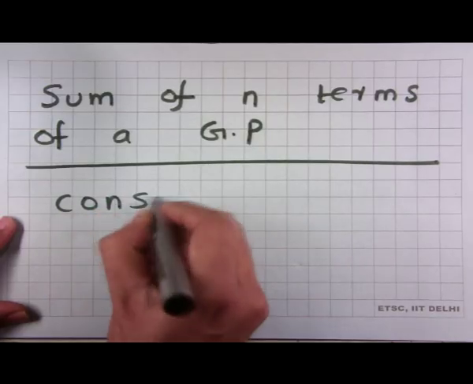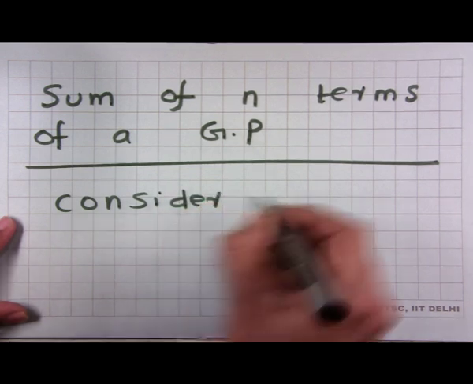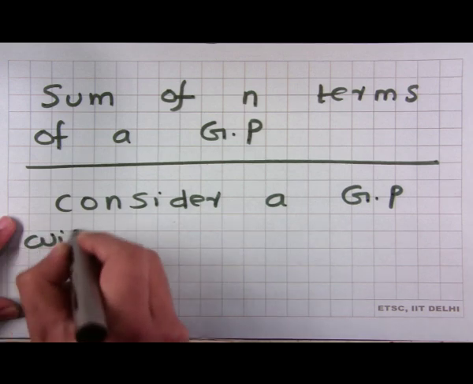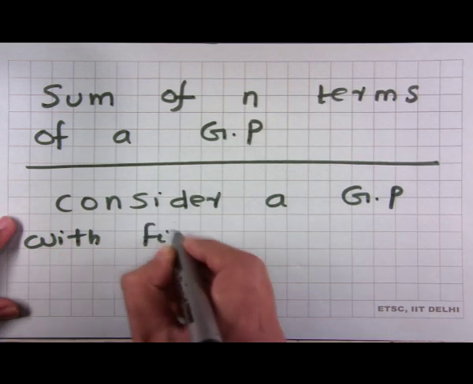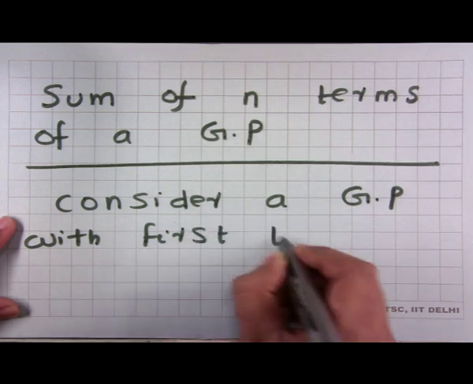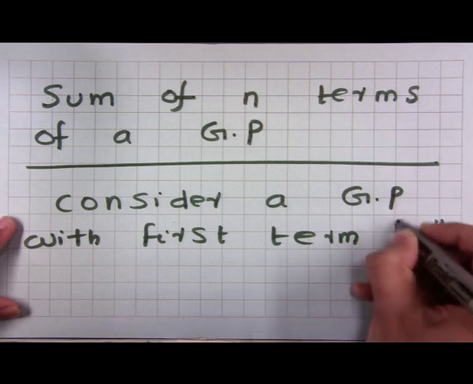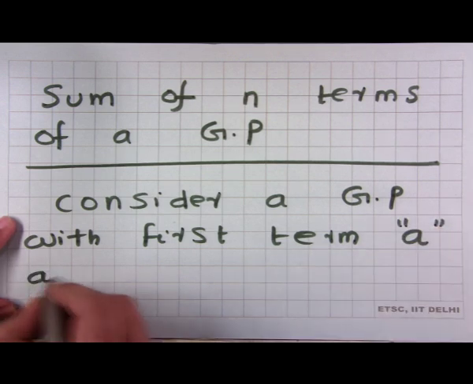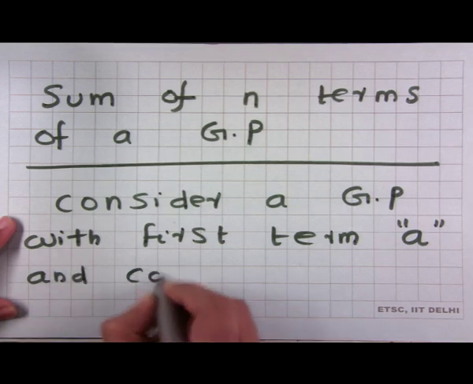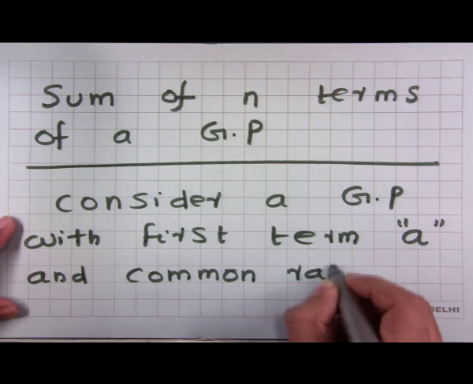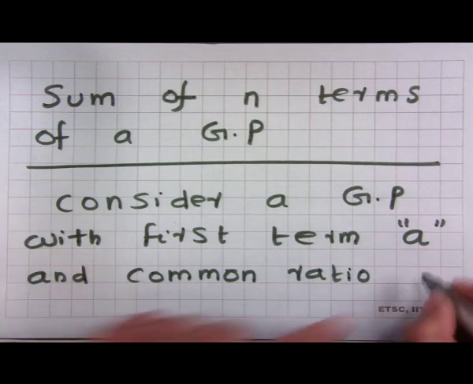Let us consider a GP with first term a and common ratio r.